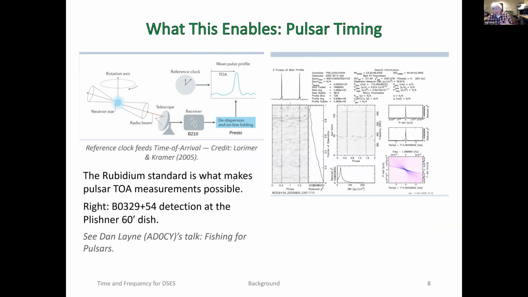And I'm not going to go into detail about this, but I will say that pulsars are received by our antenna as pulses of radio waves.